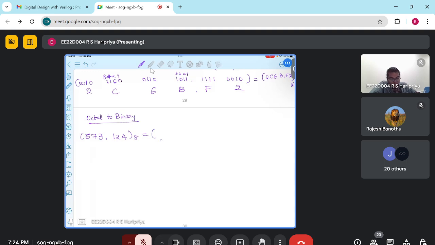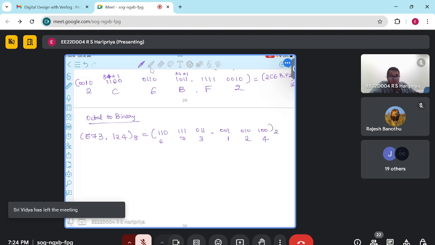For 6 it is 110, next 7, 3 digits, 3 is 011, next 1, 2, 4, again 3 digits. Clear?